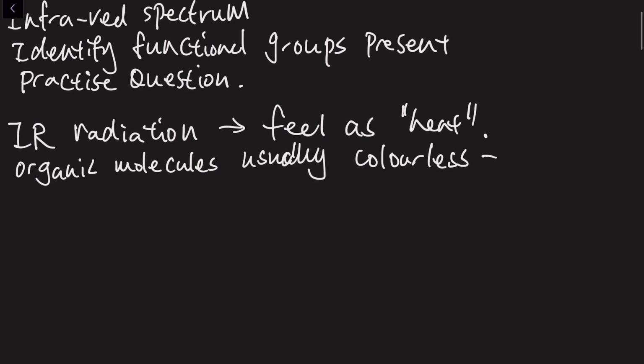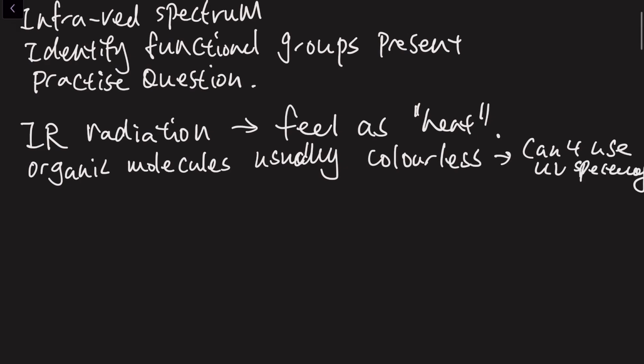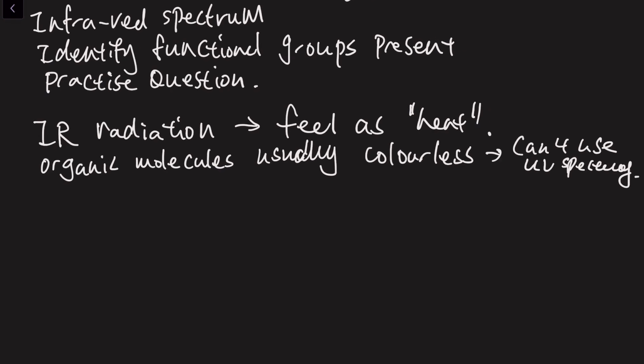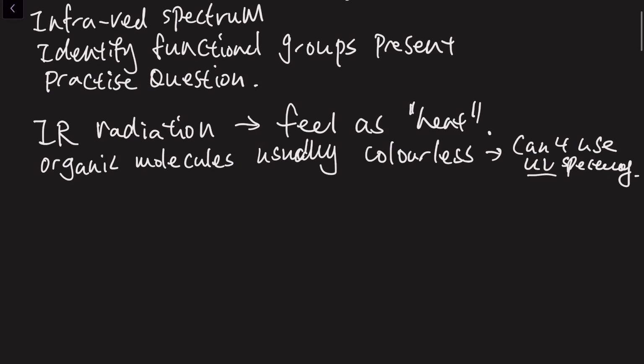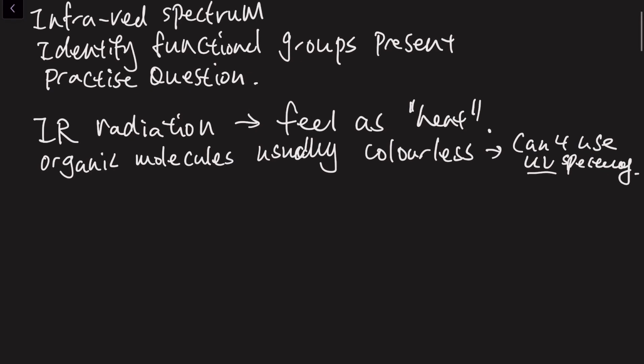So this means we can't use UV spectroscopy. Because it doesn't absorb any color, we cannot use the conventional UV spectroscopy that we have learned in year 11. So we need to use infrared spectroscopy.